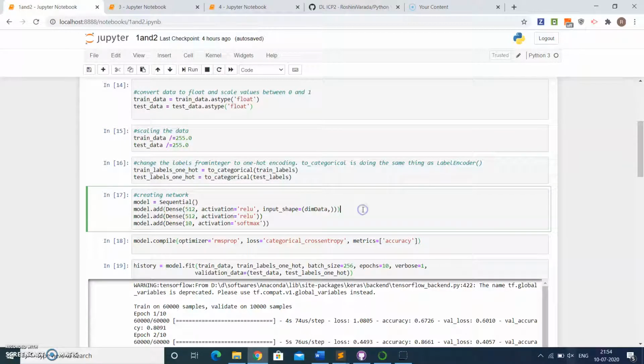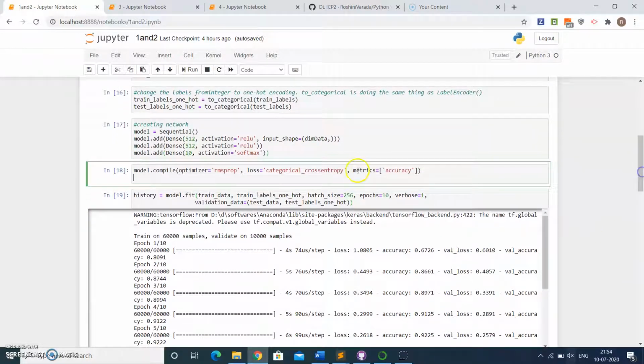And the next objective is creating the network. The model is going to be a sequential model, and we are creating the input layer with activation type ReLU, and two more layers, where one layer has ReLU and one layer has softmax. Next we are compiling the model with the optimizer RMSprop, and categorical cross entropy is the loss.